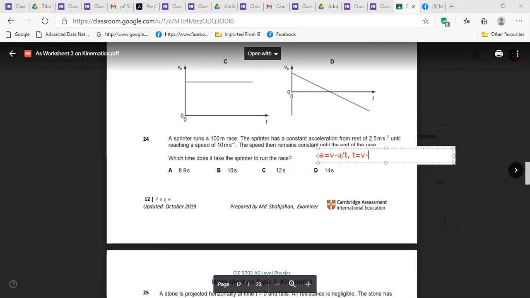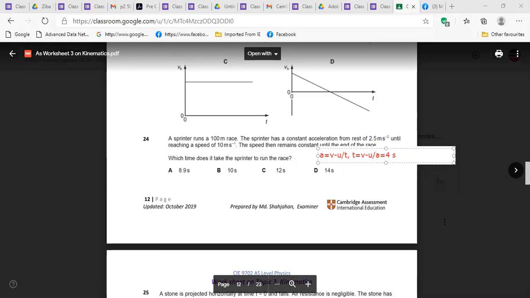If you want to get the time, V minus U by A. So how much is coming? From rest, so 10 minus 0 divided by 2.5. Then how much is time? 4 seconds, right? Yes, sir, time is 4 seconds.